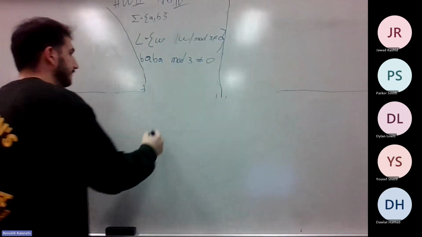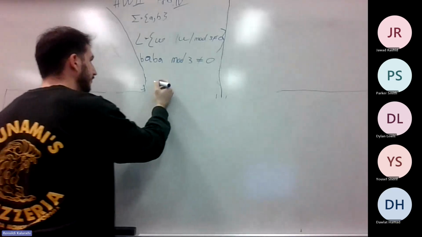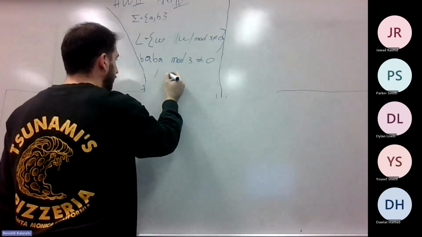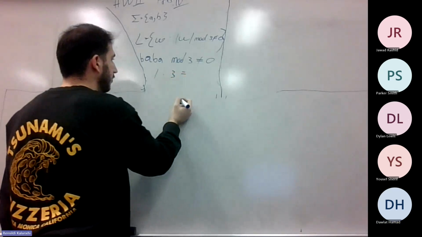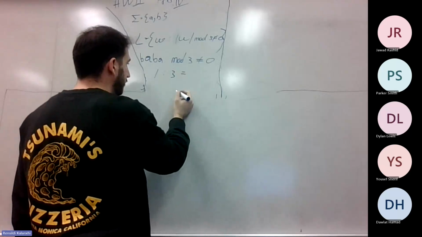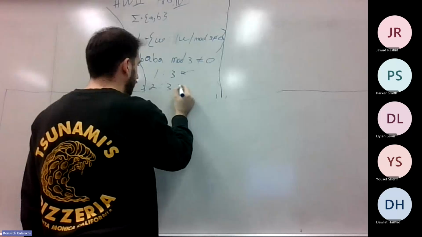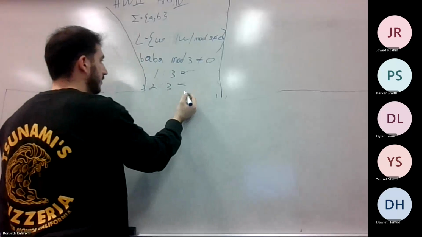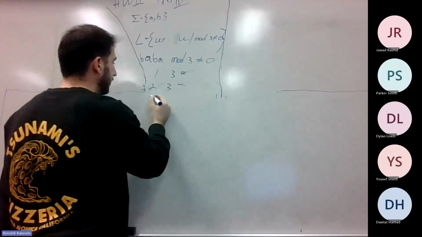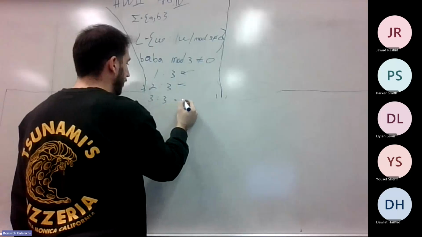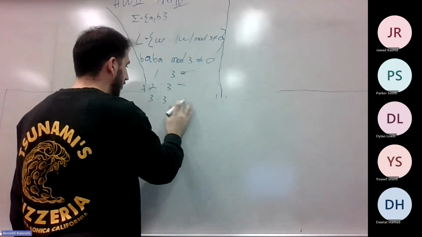Let's say length 1, 1 mod 3 is not 0. Length 2 would work. Length 3, mod 3 is 0, so this will not work.